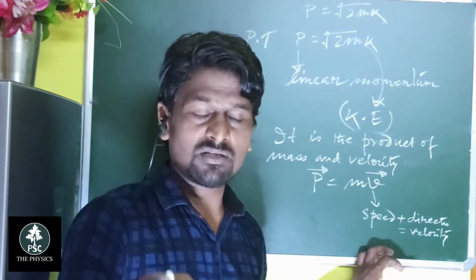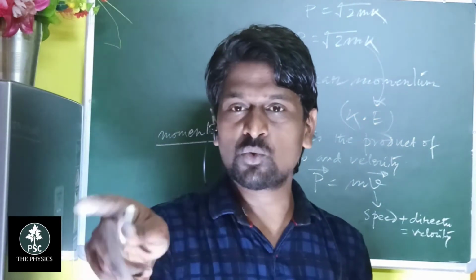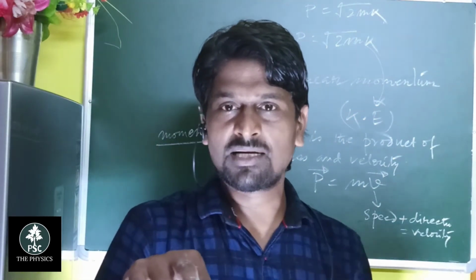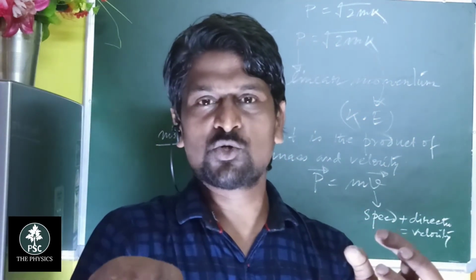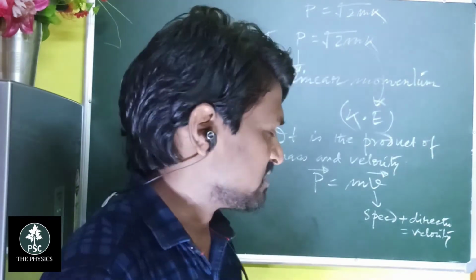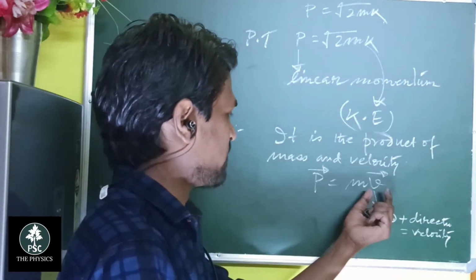So you cannot take 3 steps like 1, 2, 3. You have to take the steps as 1 and then 2, then 3 in a specific direction. That is simply, it is a vector quantity.